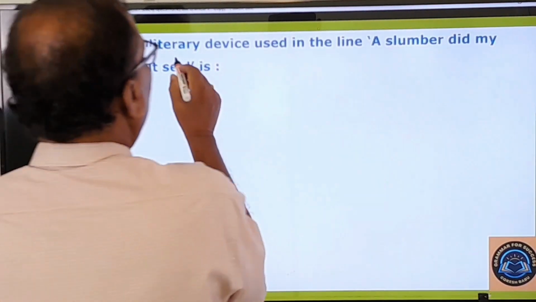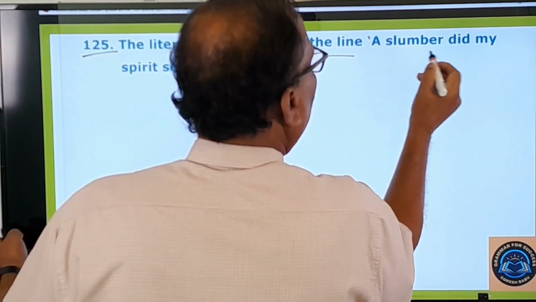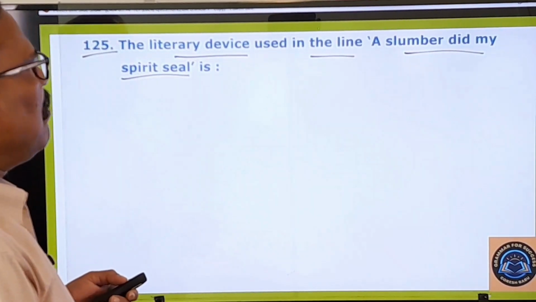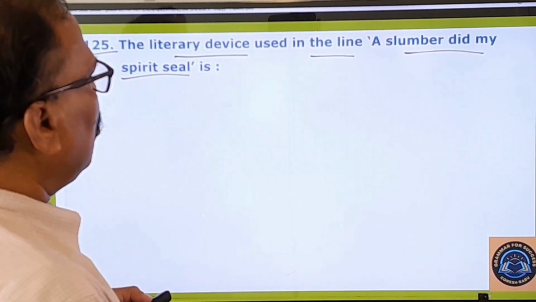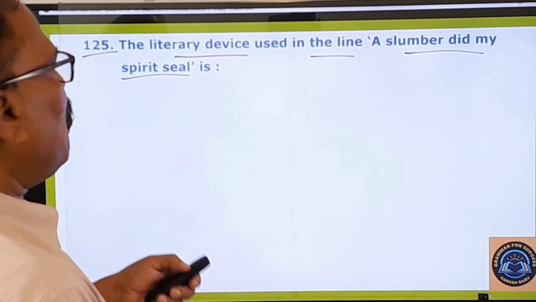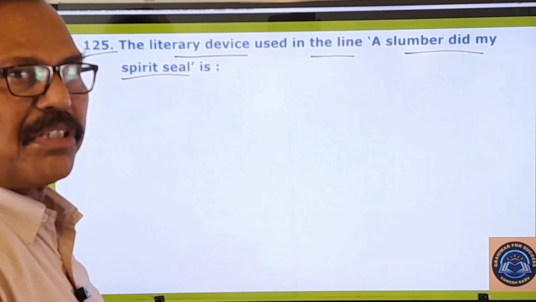125th question. The literary device used in the line "A slumber did my spirit seal." What is the literary device used in the line? It is the title of the poem A Slumber Did My Spirit Seal, written by William Wordsworth.